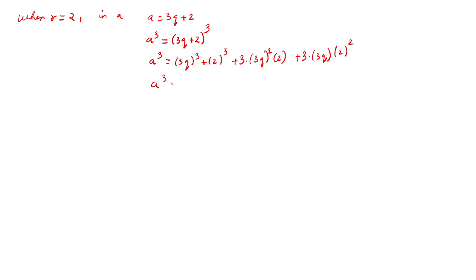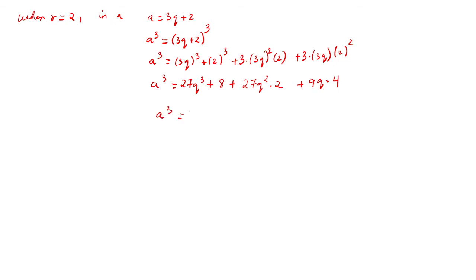This will give you 27q cube plus 2 cube, which is 8, then 27q square into 2 as of now, plus 3 into 3 is 9, 9q into 2 square, which is 4. This is just for computation purposes.